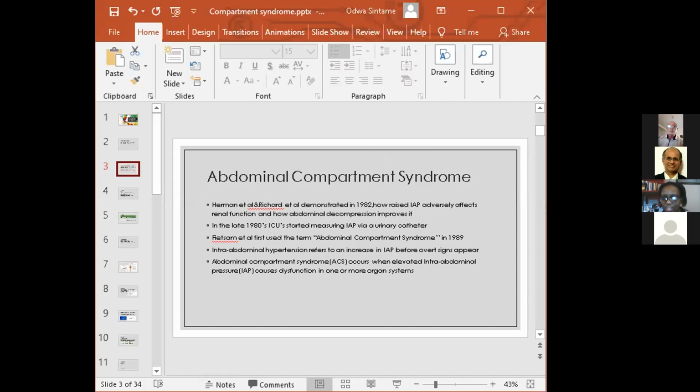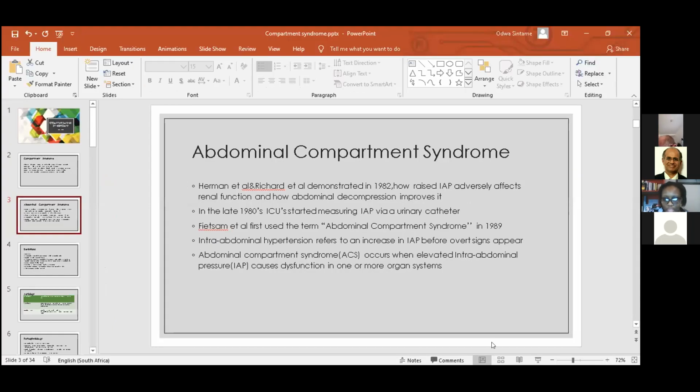All right, so abdominal compartment syndrome was first described by Folkman when he discovered the sequelae of a compartment syndrome that is not managed, which was Folkman's contracture.